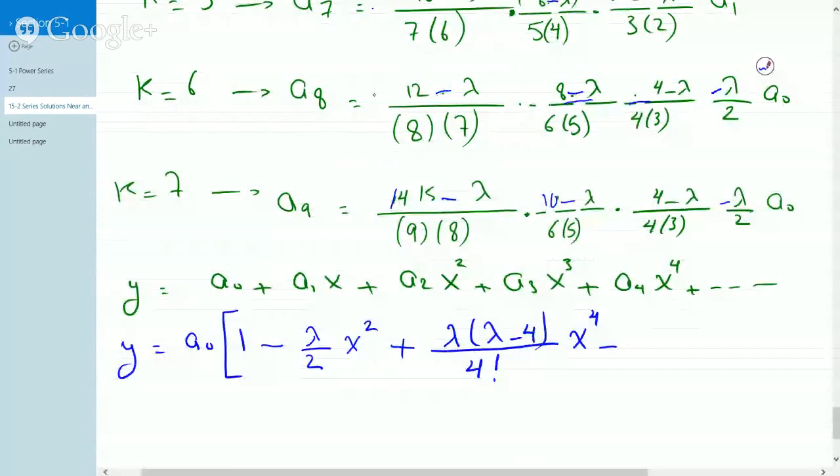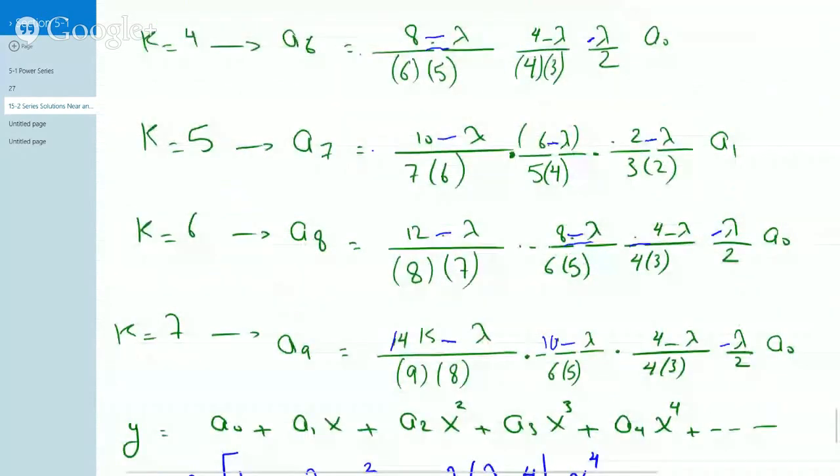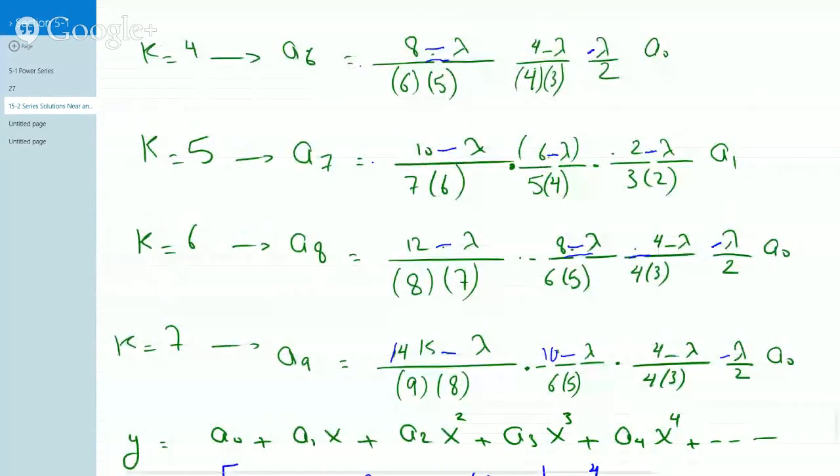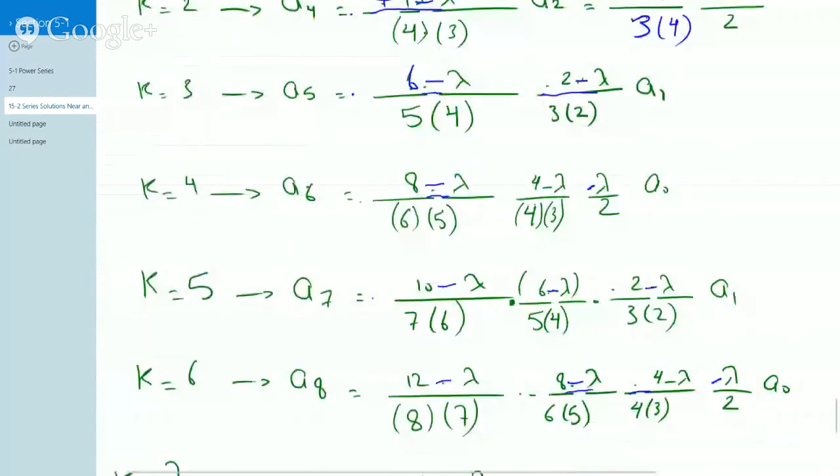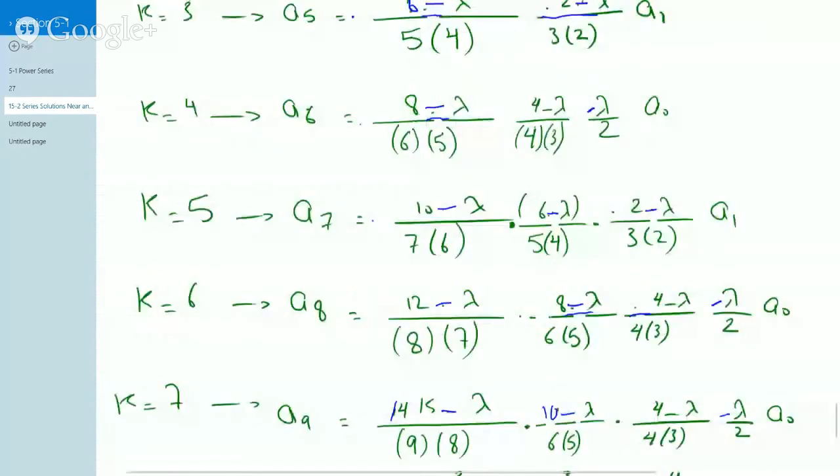Plus, now the second place where a0 appears is on k equals 6. Or no, on k equals 4. Okay, we already said that. No, k equals 4 is the second place it appears.